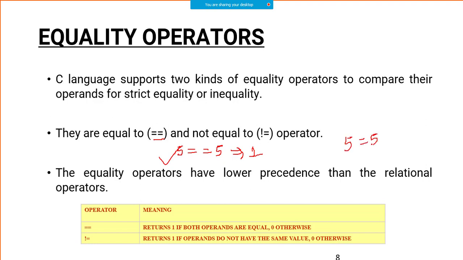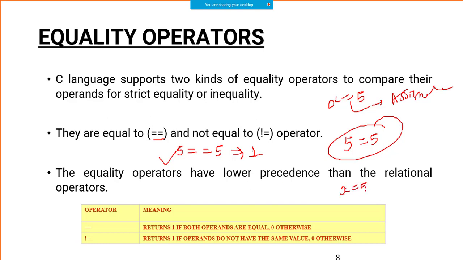When I say x is equal to 5, this is an assignment operator. You are assigning a value. But when you do double equal to, it is a comparison. Suppose my x is 5 and my y is 5, and I write x double equal to y. What is the answer? Answer is true. True yani 1. Right? This is only for C programming that I am teaching you.